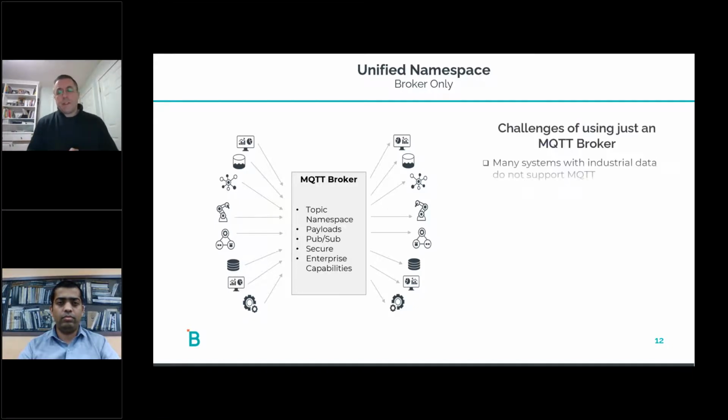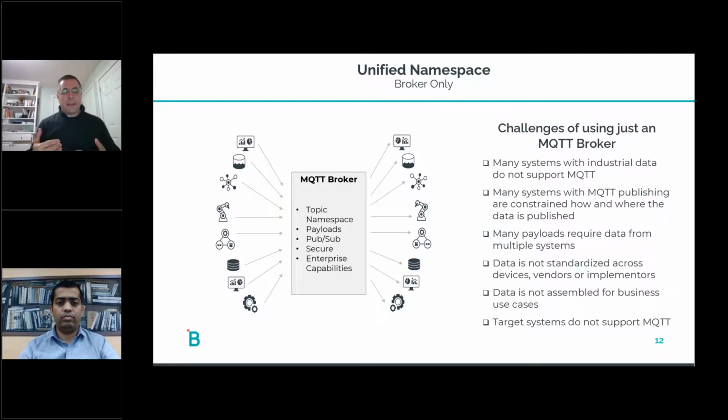Well, the challenge is that in the industrial world, many of our systems don't support MQTT yet. Also, when those systems are publishing, in many cases, if they do support it, they have a lot of constraints on how that data is structured. Not only that, but the payloads at many of those topic levels are really combining data from multiple different systems.